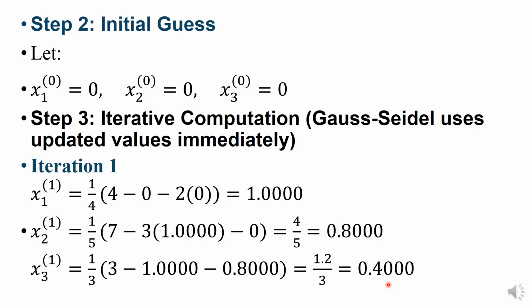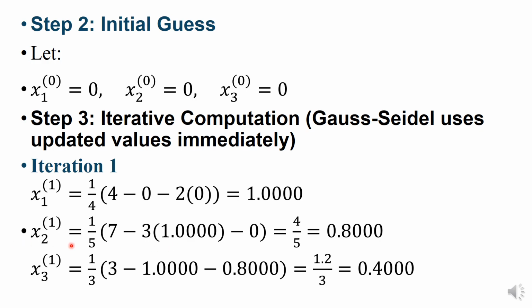You must remember the difference between the Jacobi and Gauss-Seidel methods. In the Jacobi method, first we find iteration 1, then we put in all the values. But in the Gauss-Seidel method, if we have found x1, then immediately we can put it in x2, not wait.